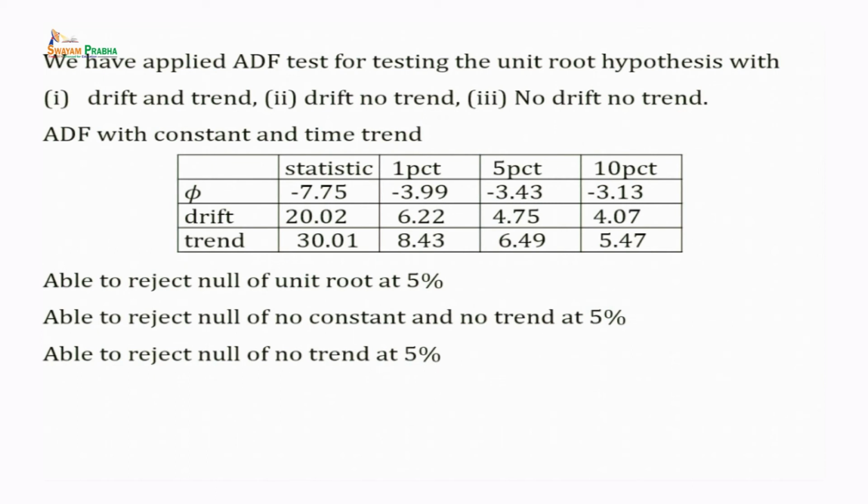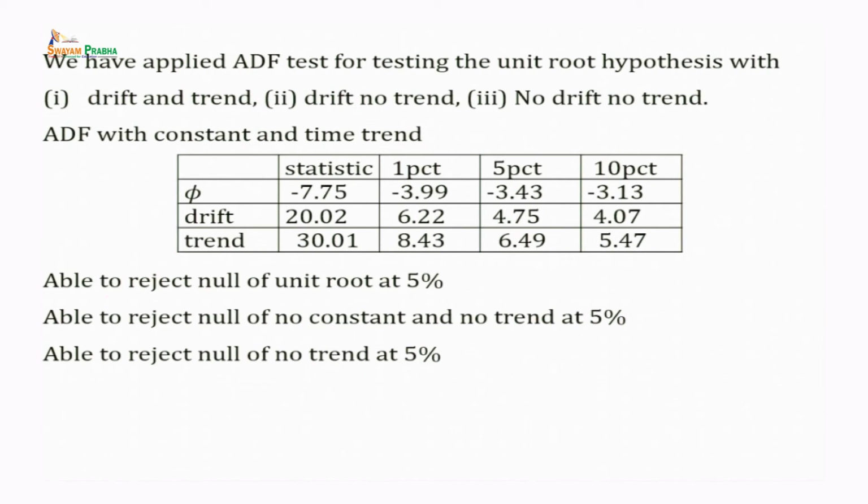So, these are the results of the ADF test when we have taken both constant and time trend. Then these are the test statistics. Corresponding critical values are also given at 1%, 5% and 10% level of significance.